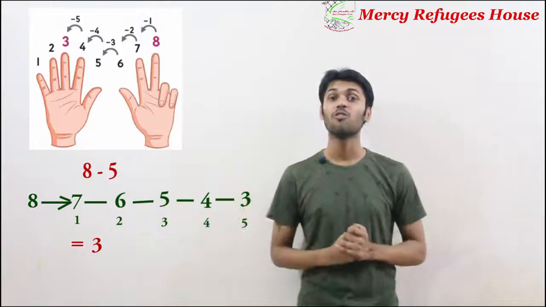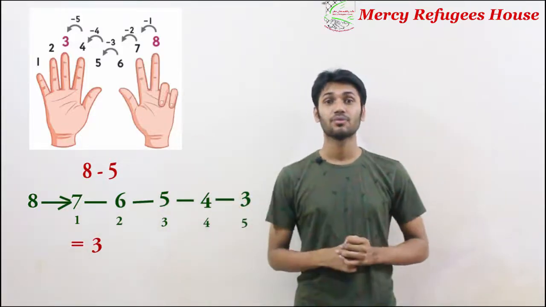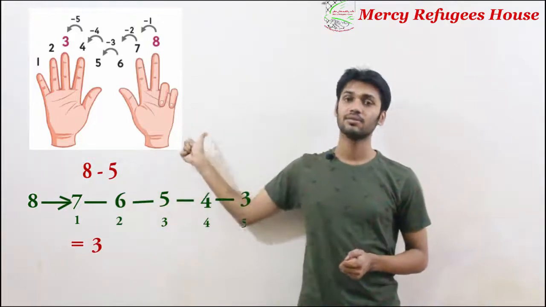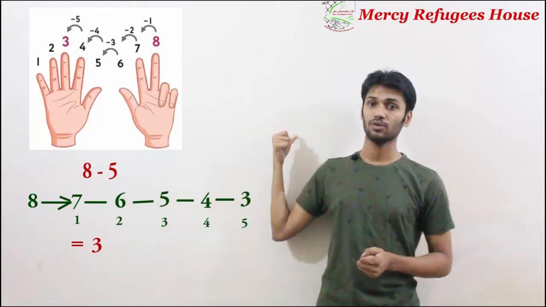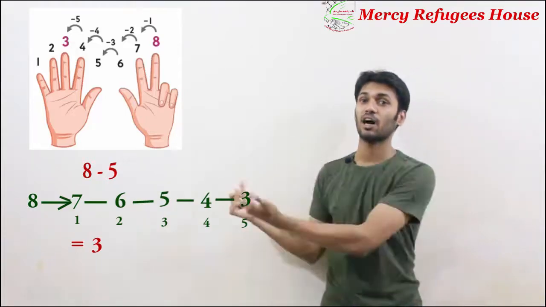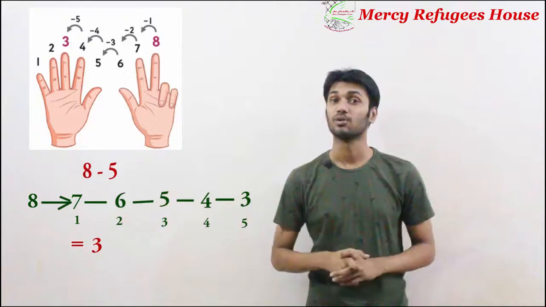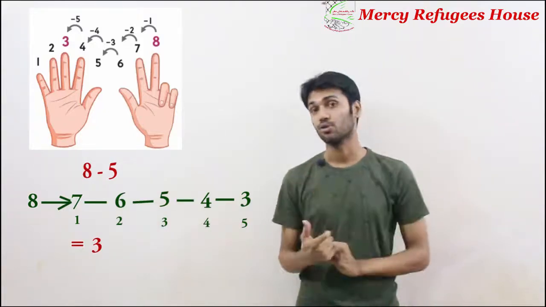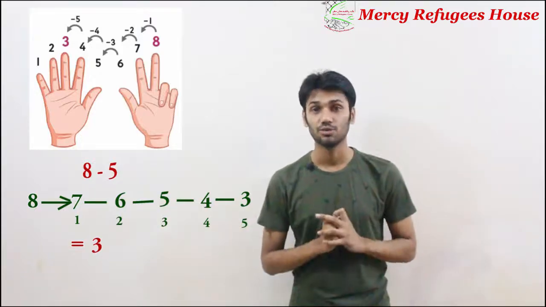You are taking away 5 fingers. So count back 5 fingers. For example, 8, 7, 6, 5, 4, 3. That means if we count back 5 fingers, we get the answer. What is it? It's 3. So 8 minus 5 equals 3. This is what you should teach the students.